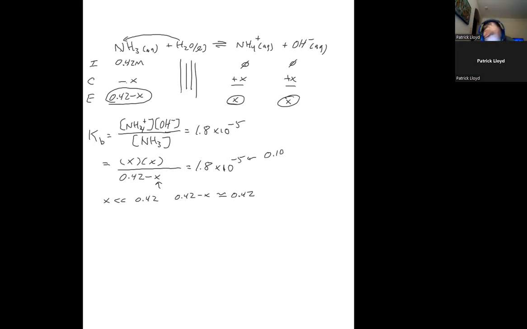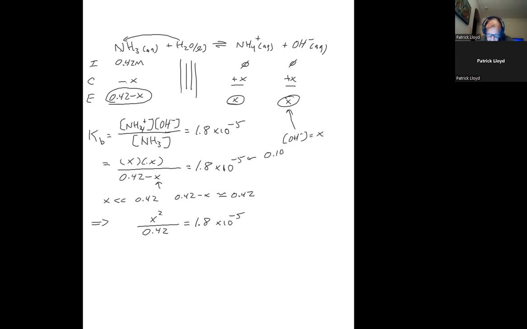So that simplifies it. x times x is x squared. 0.42 minus x, we're just going to write that as 0.42. And that's going to be 1.8 times 10 to the negative 5. We're going to solve for x because the x is going to give us the concentration of hydroxide at equilibrium. So that's why we're going to solve for x. That's why we go through the algebra of these problems.